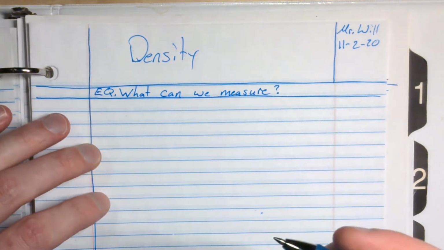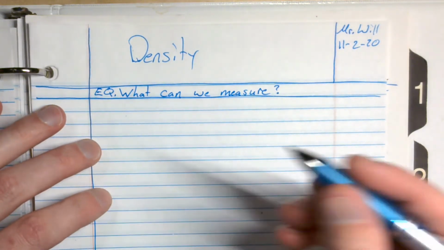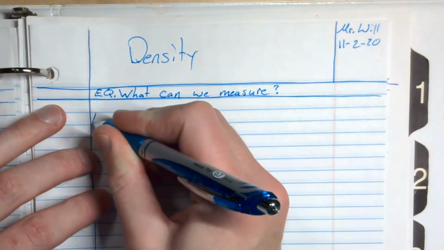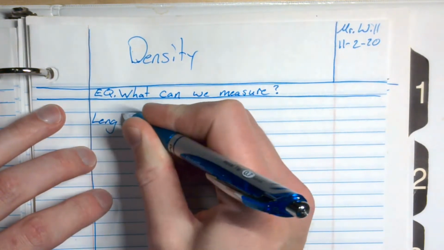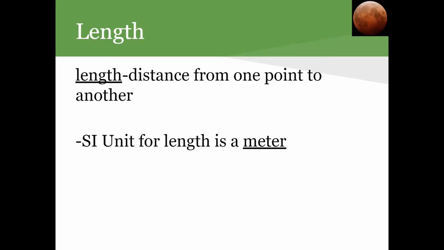So, first one we're going to do is length. Now, to find the length of something, it's pretty straightforward. It is typically the shortest distance between 2 points.